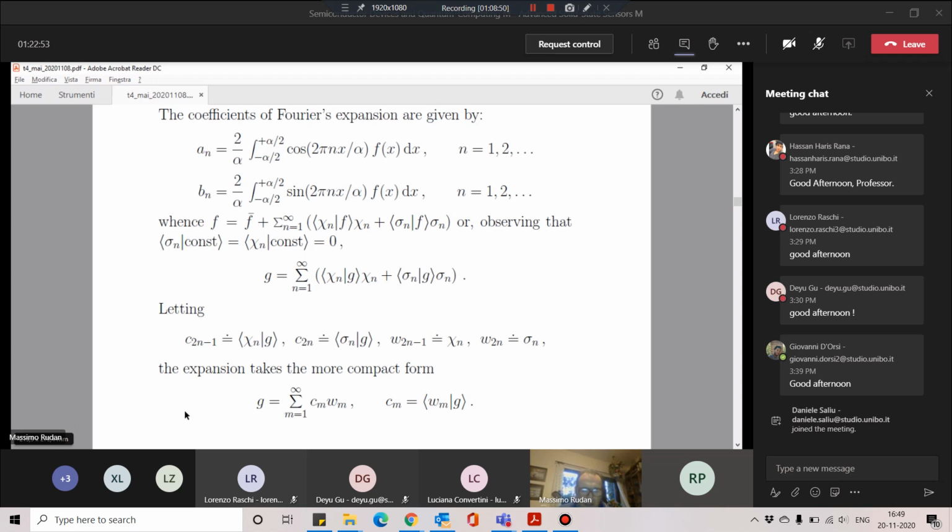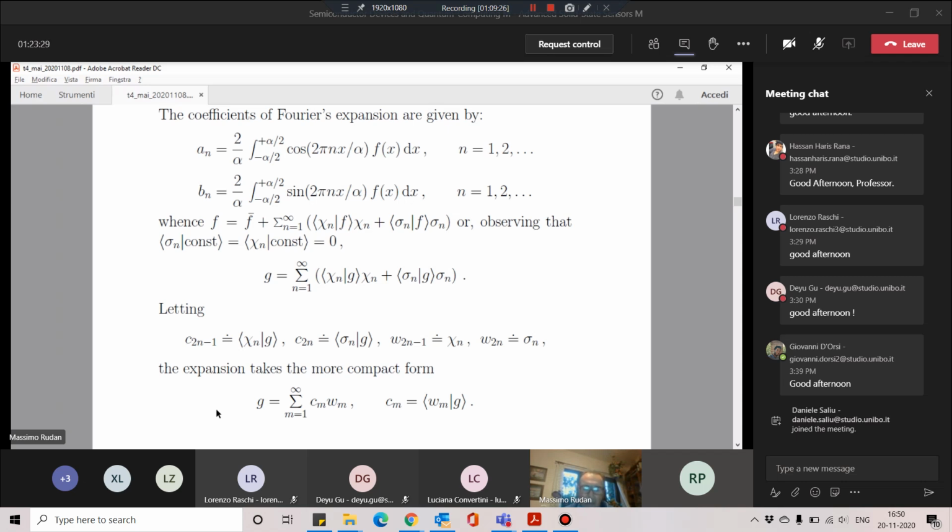And in turn, Cm is the projection, that is the scalar product of the component times the original vector. So this is identical, with the only difference that the sum goes to infinity, because there are infinite terms in the series. If you take a vector space of finite dimension, you have a finite number of components. Okay, in this case, you have an infinite number of components.